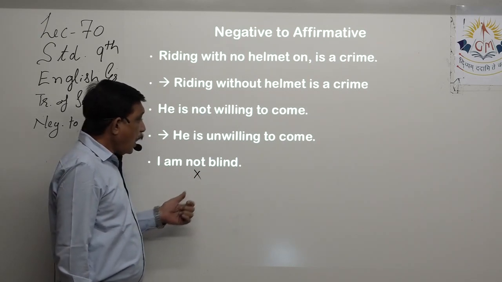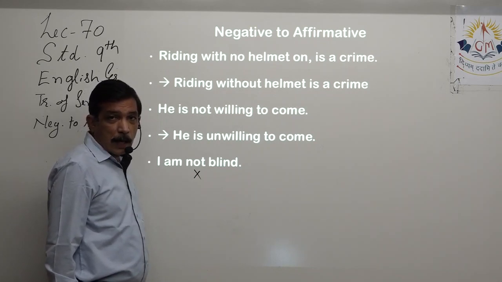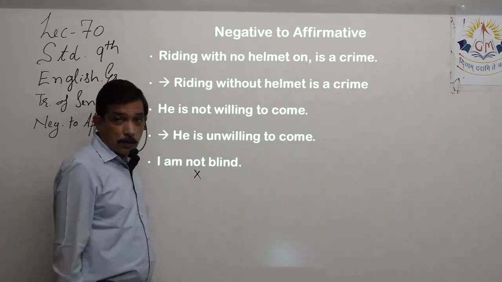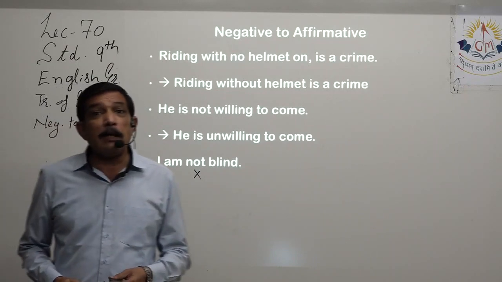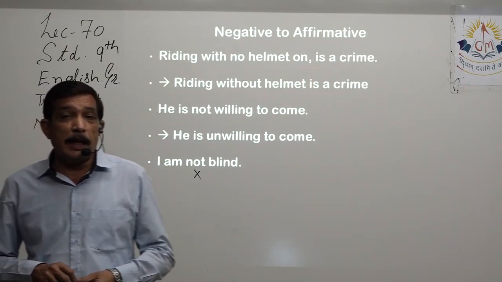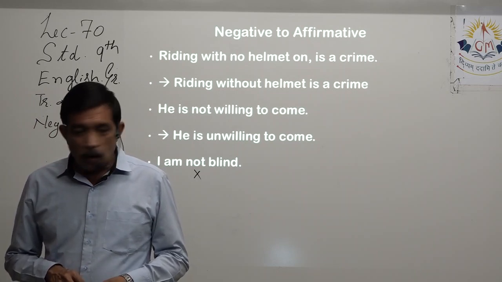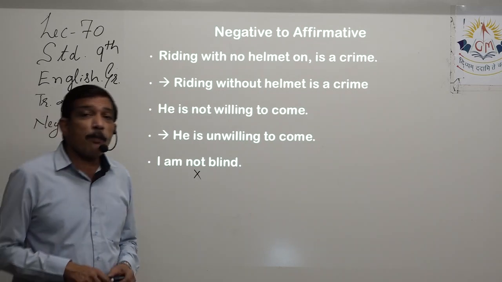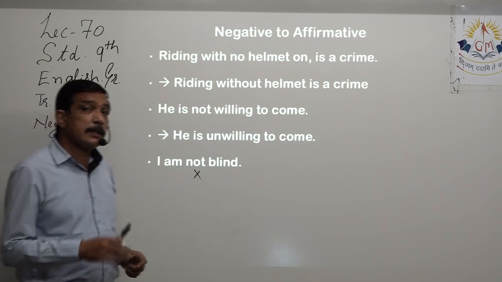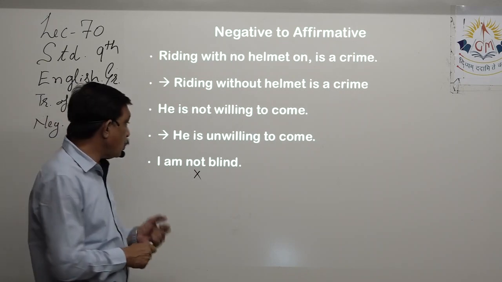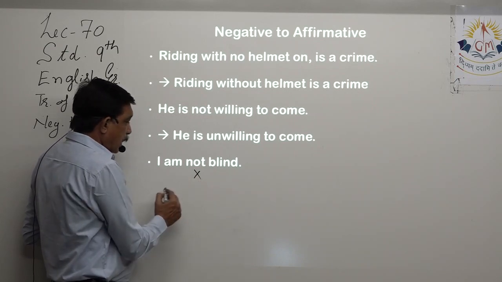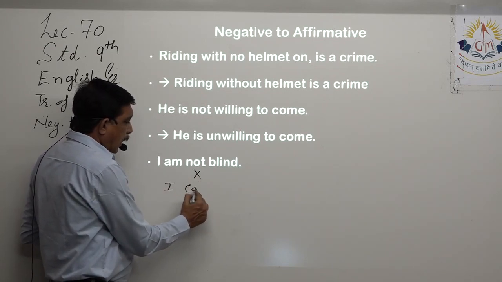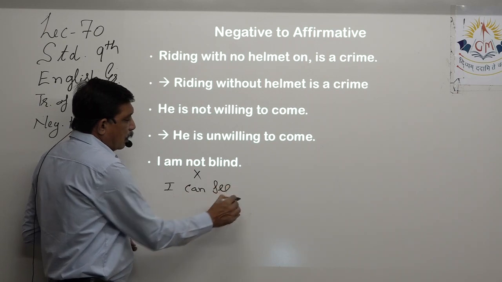Now blind is not a word you can make an opposite of by adding prefixes. I can't say I am unblind, disblind, or misblind. So the opposite of blind means a person who can see. Very simple: I am not blind, that means I can see.